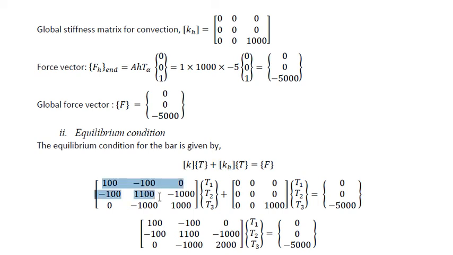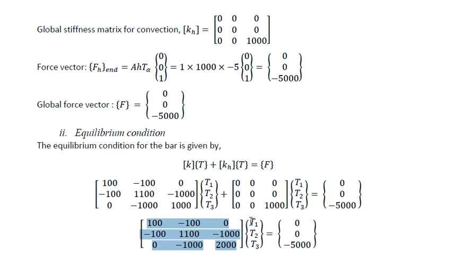So this is the conduction matrix multiplied with the temperature variable matrix. This is the convection matrix. After addition it becomes the global matrix for equilibrium.